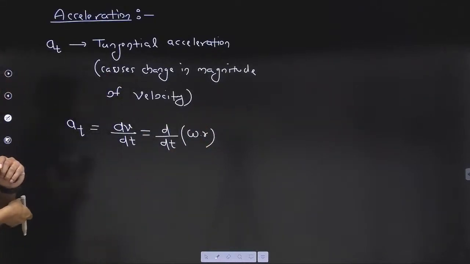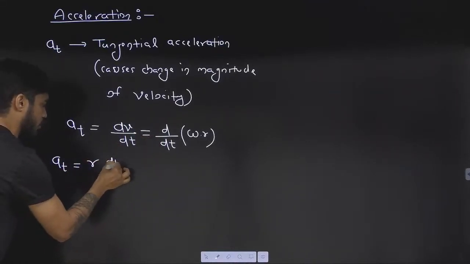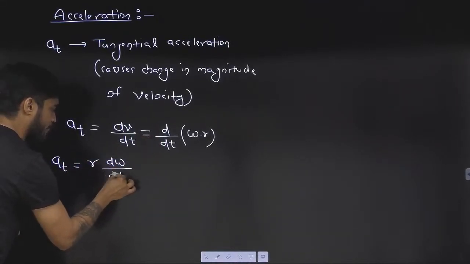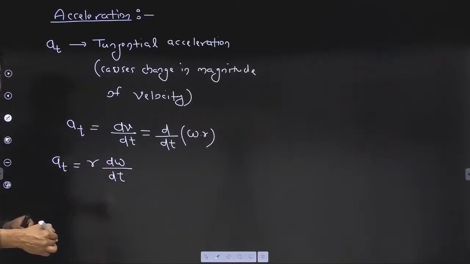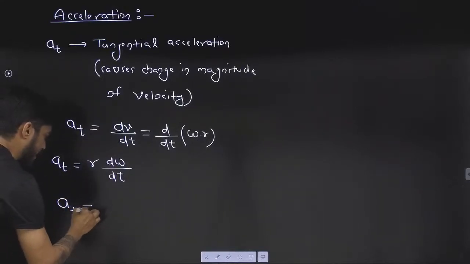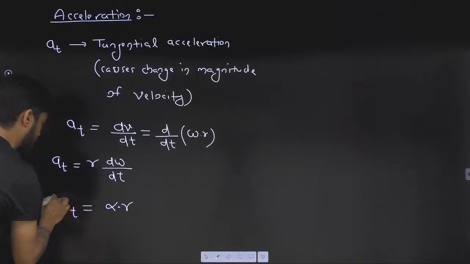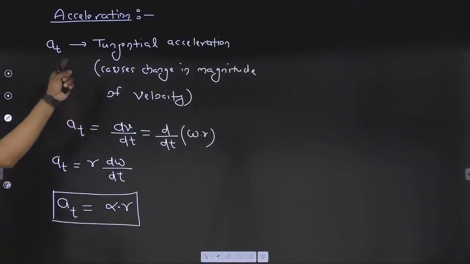Again, r is constant, so it will come out of the equation. You will get d omega by dt. Okay? Now what is d omega by dt? Alpha, angular acceleration. So AT can be written as alpha into r. This is the tangential acceleration.